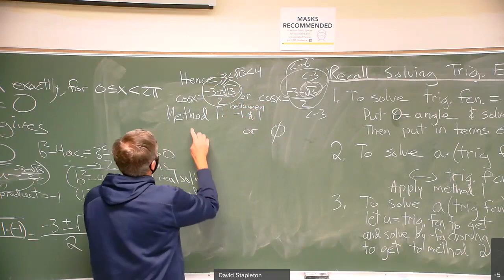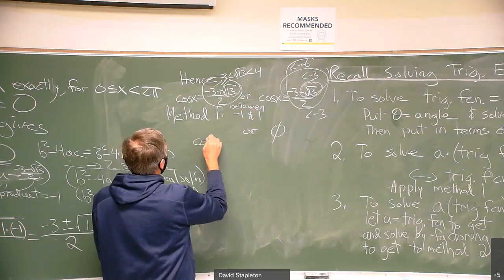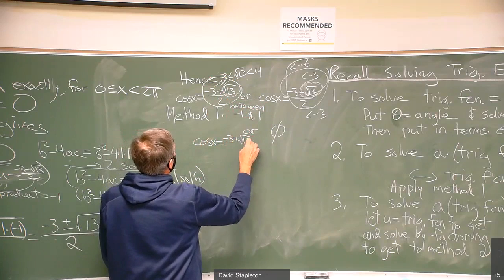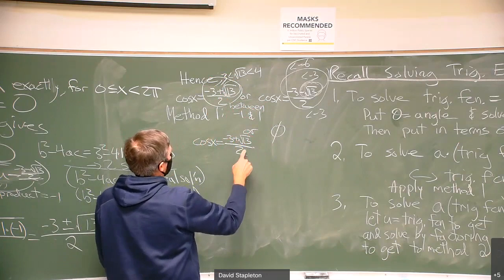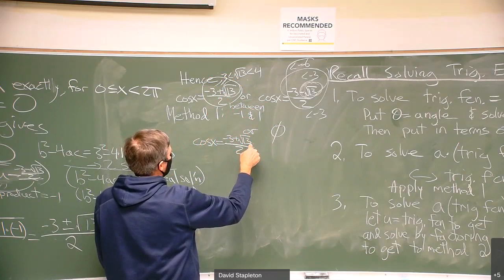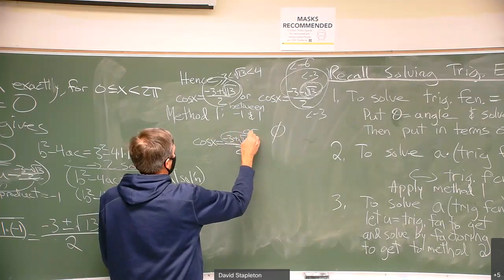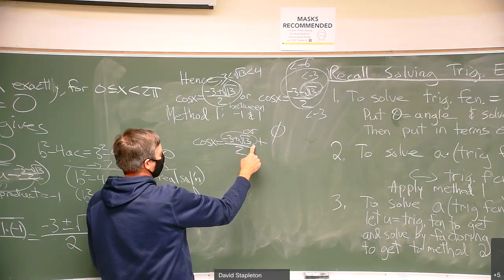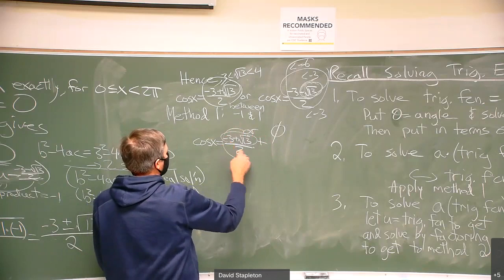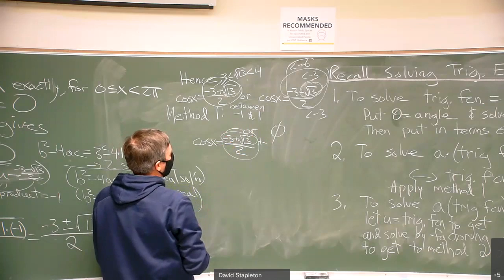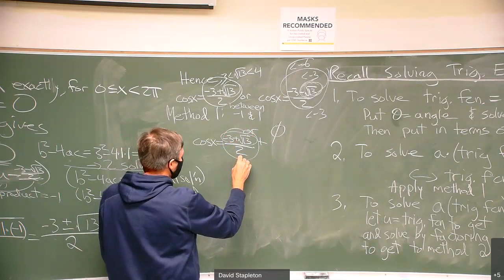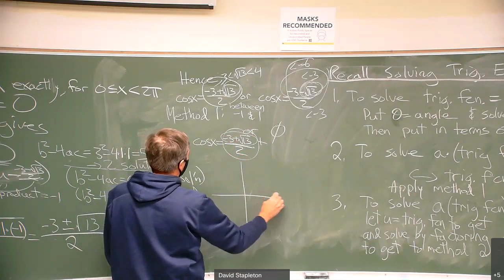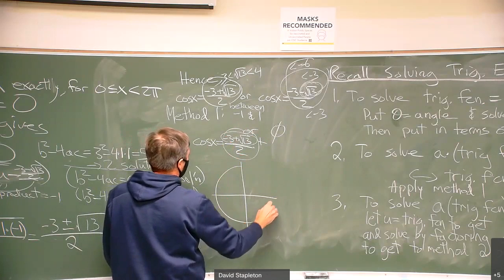I just have to solve this on the unit circle. Cosine x equals minus 3 plus square root 13 over 2. Then you have to think about it. This is between 3 and 4, right? So this is actually positive, right? Minus 3 plus a number bigger than 3 is positive, and then divided by 2 is still positive. And so this is cosine x equals a number. How do I solve cosine x equals a number on the unit circle?